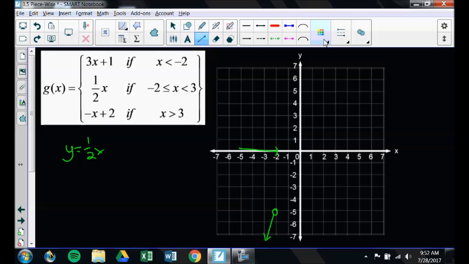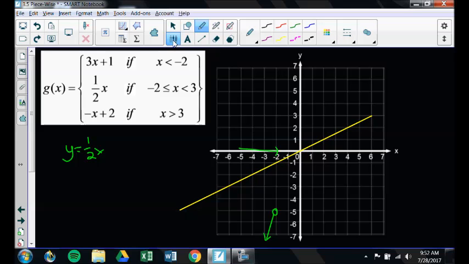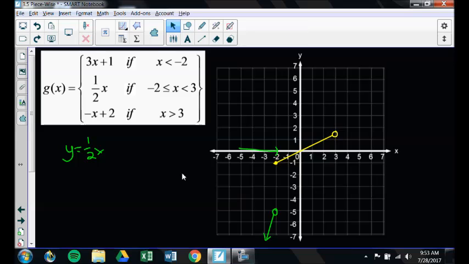One half x is going up 1, right 2, up 1, right 2, up 1, right 2. So it's going like this. I'm keeping this and this from -2 to 3. So I'm losing this and this.